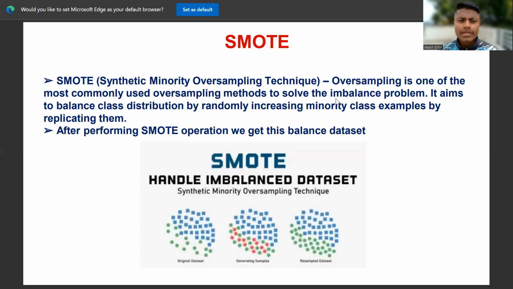SMOTE, the Synthetic Minority Oversampling Technique, is one of the most commonly used oversampling methods to solve the imbalance problem. It aims to balance class distribution by randomly increasing the minority class, for example by replicating them. After performing the SMOTE operation, we get this balanced dataset.